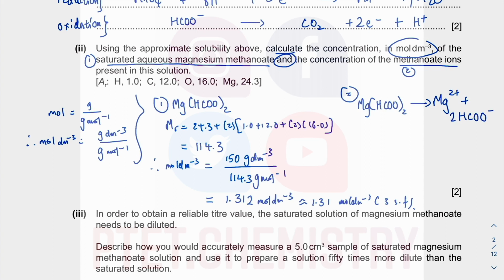So because you are in the same volume, because this dissociates to give you this, the mole per dm³ of this is 2 times the concentration of that, because one of these give you 2 of that when it fully dissociates. Therefore, the concentration of HCOO minus, the methanoate, is going to be 2 times 1.31, which is 2.62 mole per dm³. Again, because I use this 3 sig fig, so the final answer is just simply in 3 sig fig. Alright?